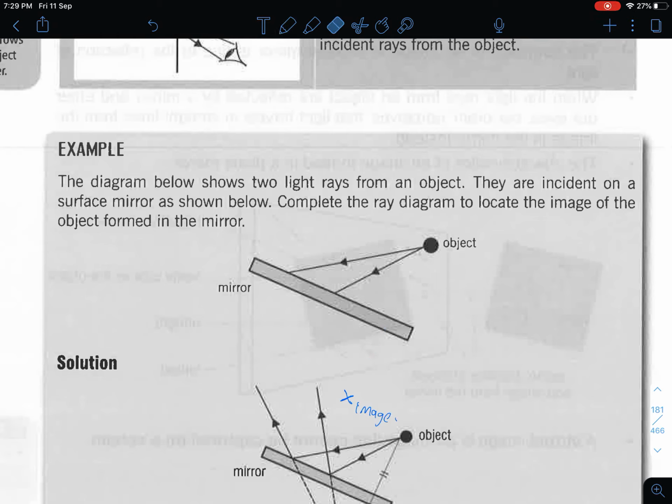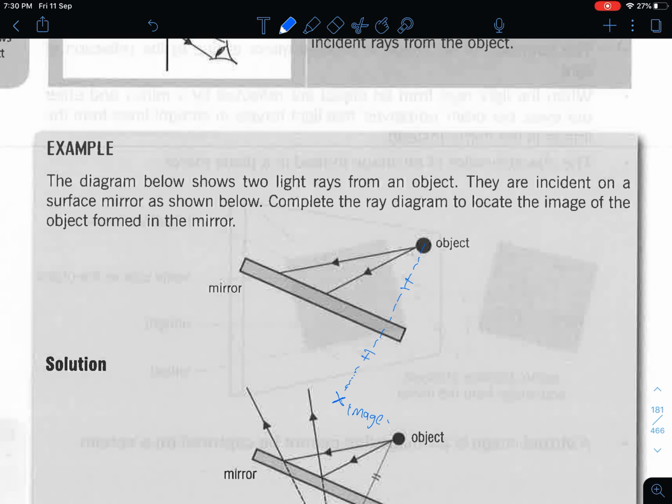So I would denote this as a dotted line. Okay, you must use a ruler to actually draw this. After you have identified where the image is, you can even draw a circle if you want.